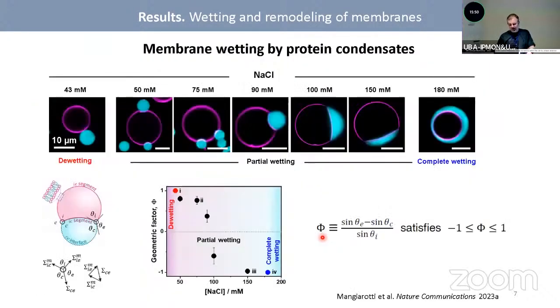And then they studied using biophysical tools, basically the measurement of the angle in the different interactions between the condensate and the membranes.